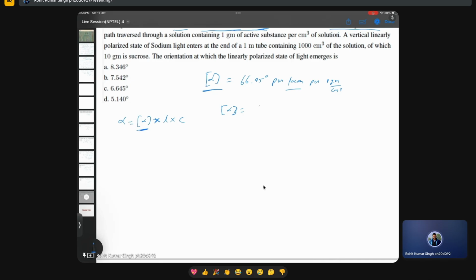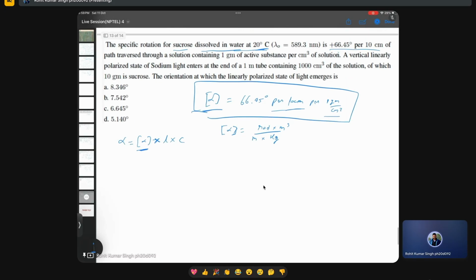It is basically angle, like radian per unit length into kg per meter cube. Okay, so this is the SI unit. So that's why it will always be given like this. Here it is given per 10 centimeter of length per 1 gram per centimeter cube of concentration.